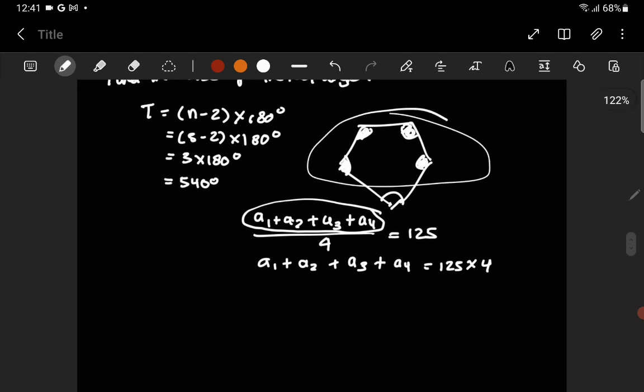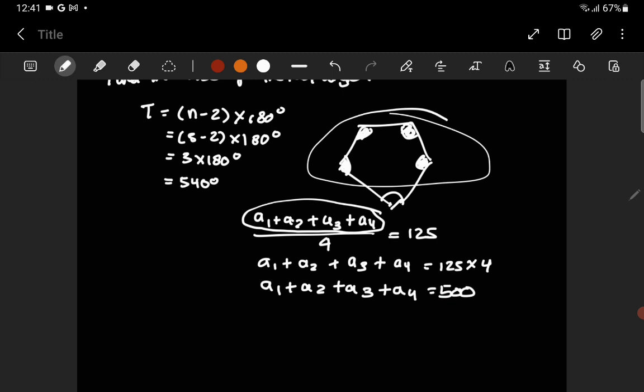Like that, right? So A1 plus A2 plus A3 plus A4 will be equal to 500.